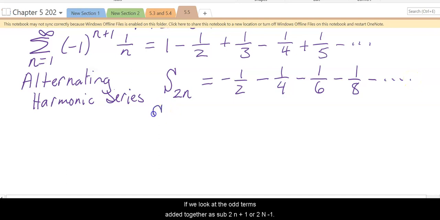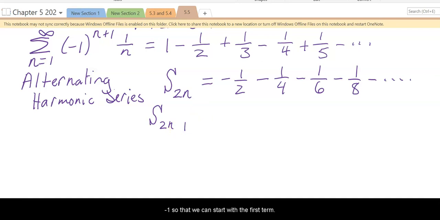If we look at the odd terms added together, S sub 2n minus 1, in this case, to get the first one, we should write it as 2n minus 1 so that we can start with the first term. This would give us 1 plus 1/3.